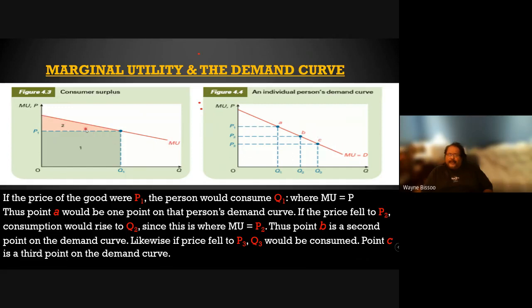And remember we said, for us to buy more of a good, the price of the good has to fall, because we know as we consume more, our utility is falling. Thus, the falling marginal utility curve is the same shape as the demand curve. The demand curve is downward sloping from left to right.